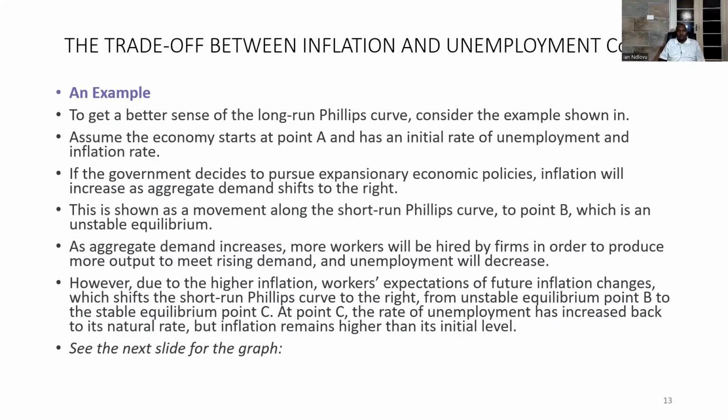We assume the economy starts at point A according to the graph that appears on slide number 14. There's an initial rate of unemployment and an inflation rate. If the government decides to pursue expansionary monetary policy, it can be expansionary fiscal policy, but since we are doing central banking and monetary economics, we'll assume expansionary monetary policy.